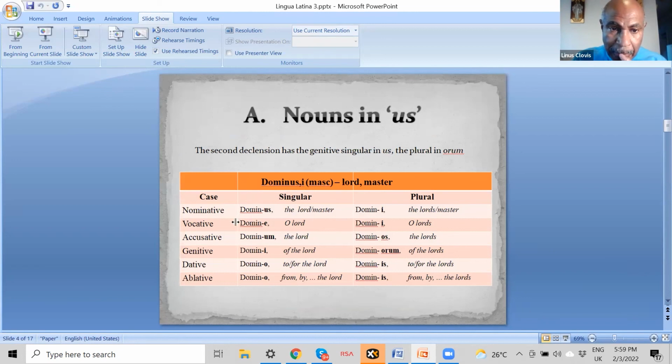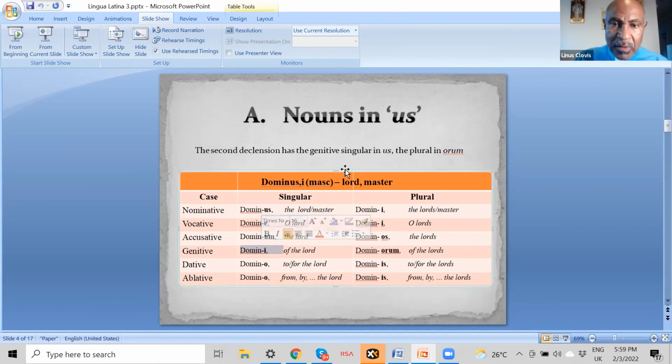Genitive singular in US. I was just wondering, shouldn't it be genitive singular in I? That's the very first line, right under nouns in US. The second declension has the genitive singular in US.